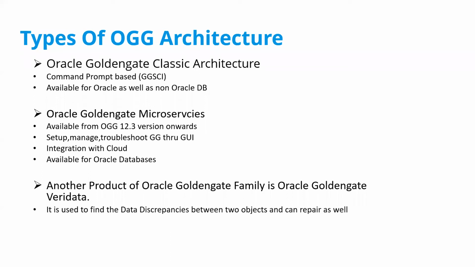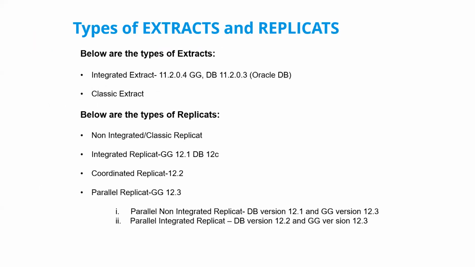In GoldenGate, you have got different types of extracts and replicats. You have got two types of extract, integrated and classic extract.